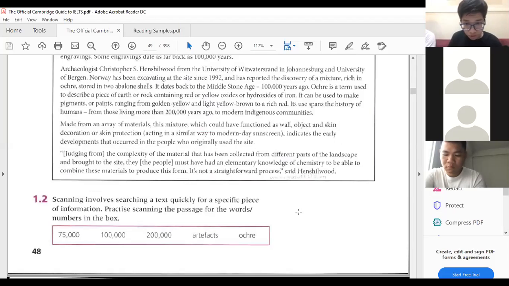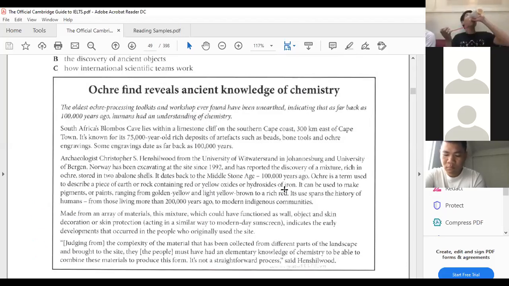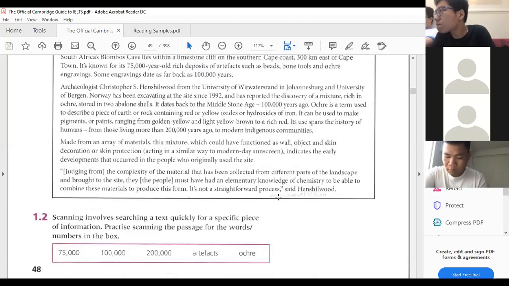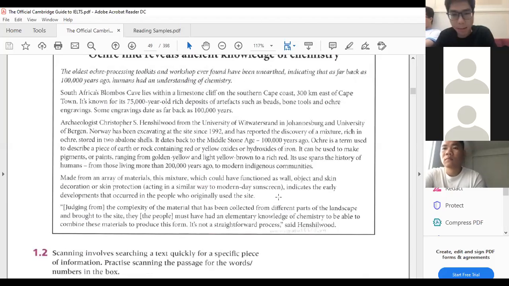Artifacts, where can you find that? In paragraph 2: rich deposits of artifacts such as beads, bone tools, and engravings. Thank you. Very good. Paragraph 2 right here. And last one, Mole. Where is it?